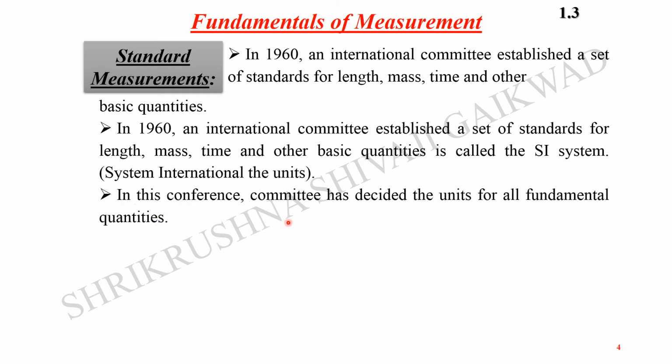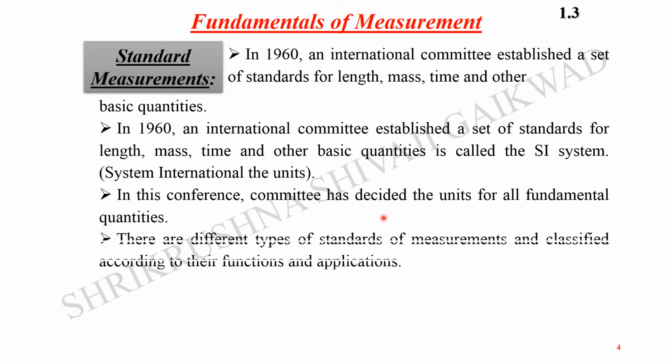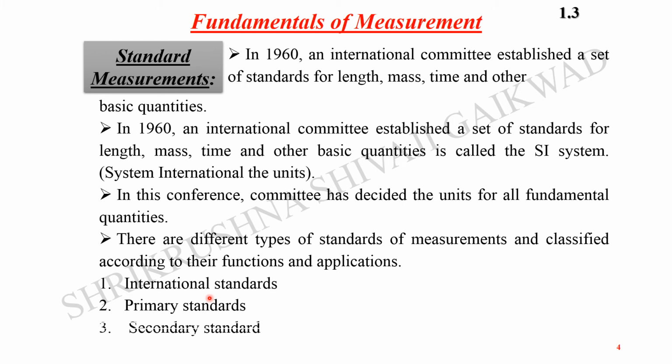In this conference, the committee decided the units for all the fundamental quantities, and there are different types of standards of measurements, classified according to their functions and applications. Which are they? The international standards, then the primary standards, then the secondary standards, and then the working standards.